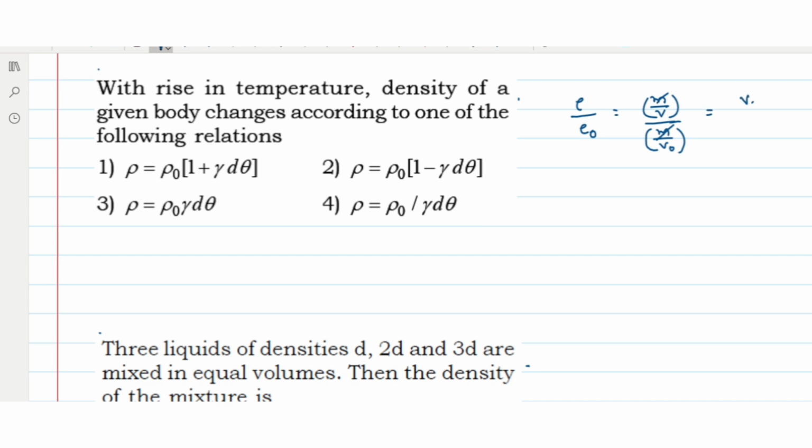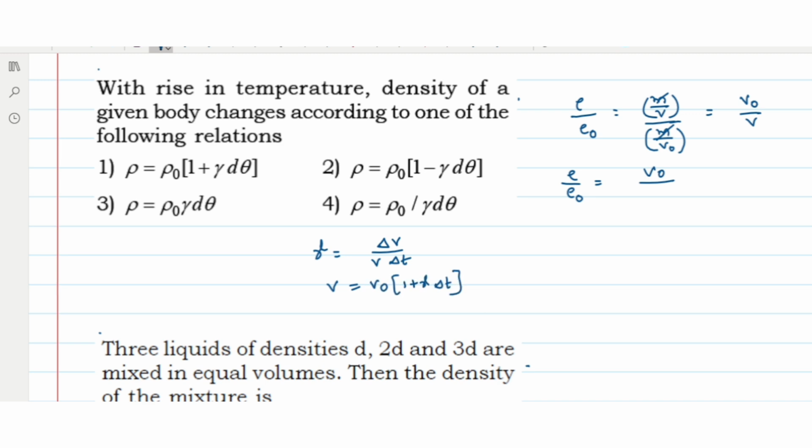Mass remains the same when temperature is increasing. So this is V0 by the volume at a particular temperature. So rho by rho naught, the density at a particular temperature and the density at 0 degree Celsius, is V0 by V. According to the volume expansion, gamma equals delta V by V into delta T. With this, the final volume is V equals V0 into (1 plus gamma into delta T).